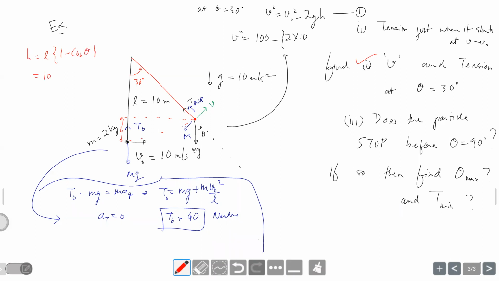Then into 1 minus root 3 by 2, that's 5 into 2 minus root 3. So that's approximately 5 into 2 minus 1.7. Let's take the first place decimal. So 0.3 into 5, so it's 1.5 meters approximately.